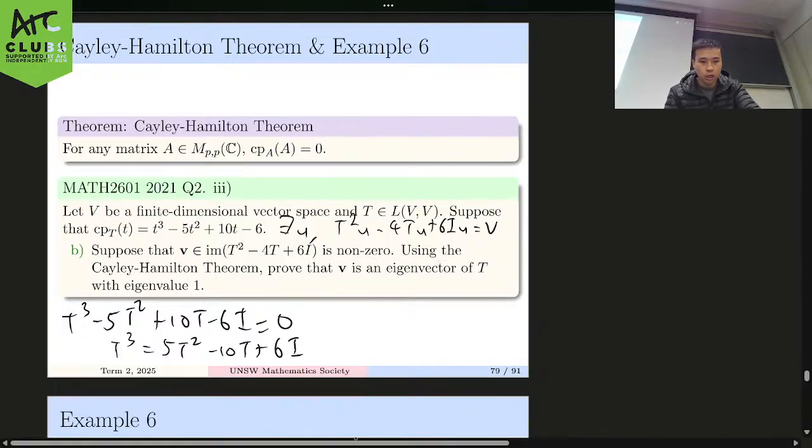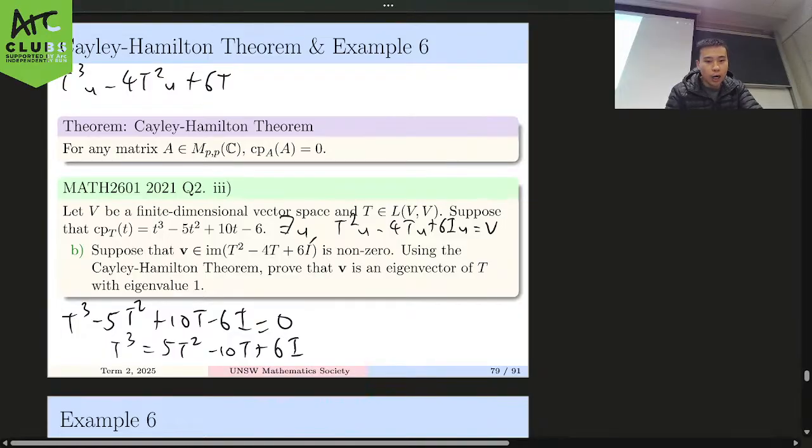I'm really running out of space. So T cubed minus 4T squared u plus 6I: when you apply T to I, the I just goes away, so you just have T. That's T of v essentially. So, great. What do we do with this?